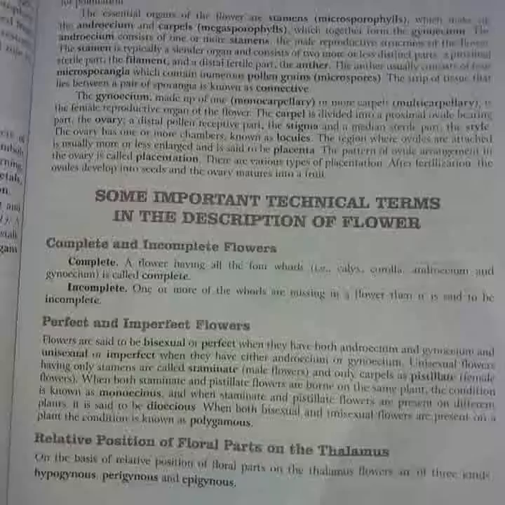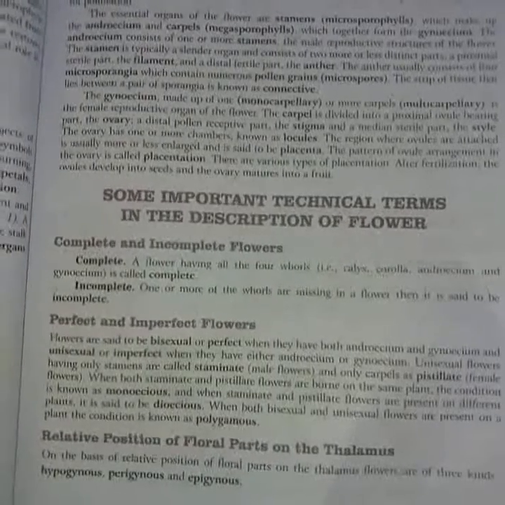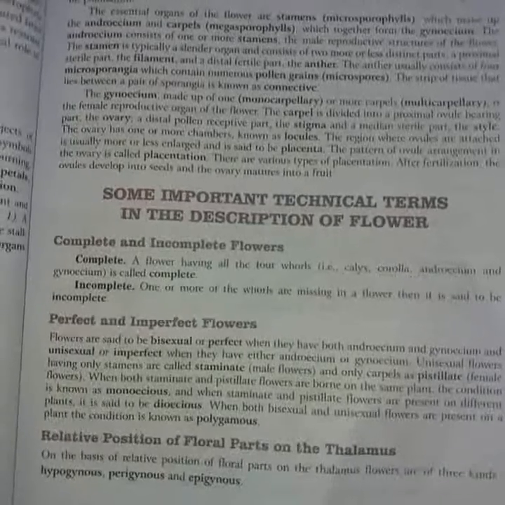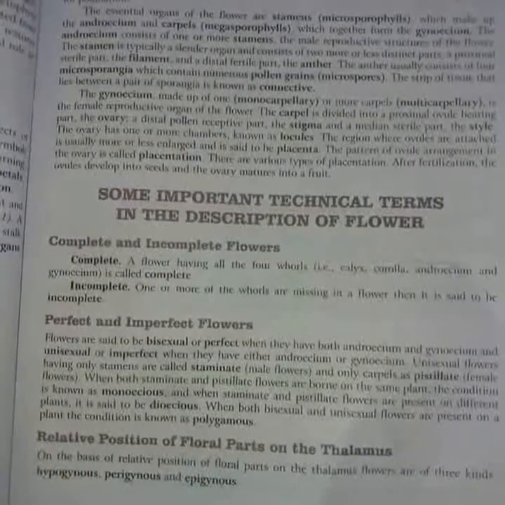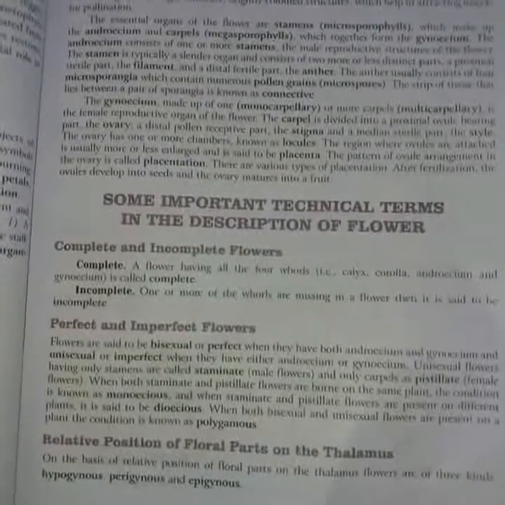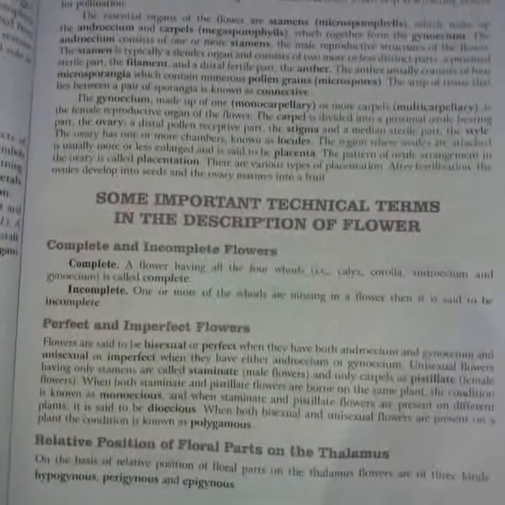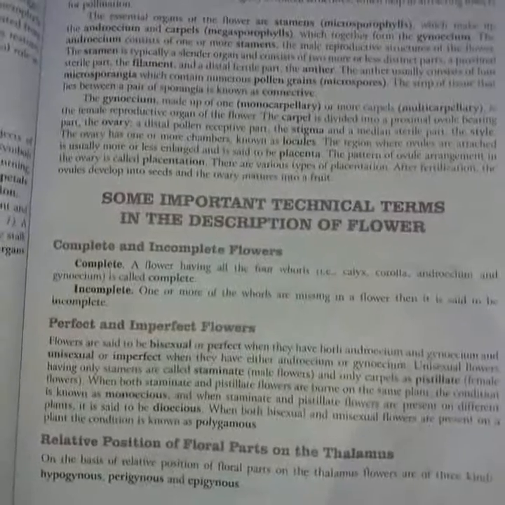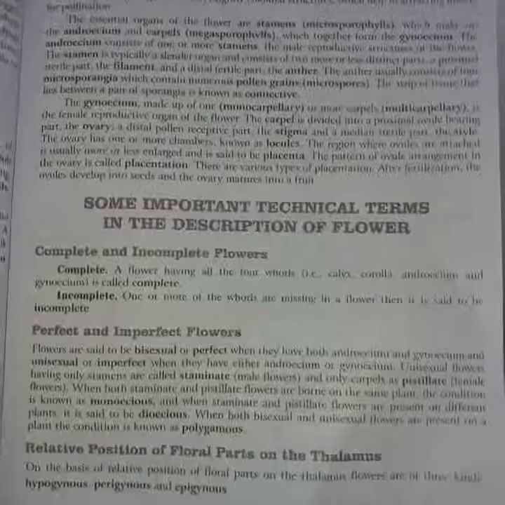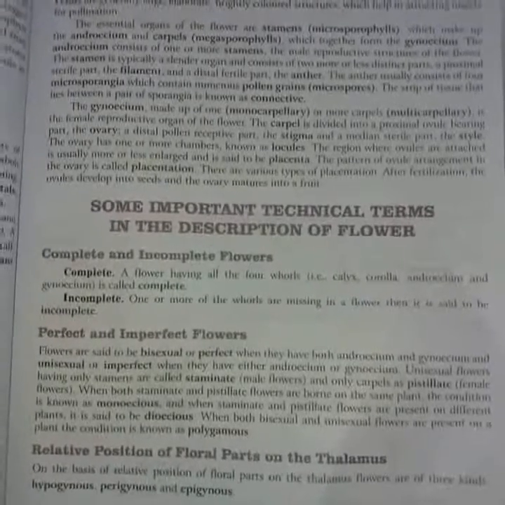You know that the male part is stamens, called staminate, and the female part is called pistillate. So when staminate and pistillate flowers are borne on the same plant, this condition is called monoecious.